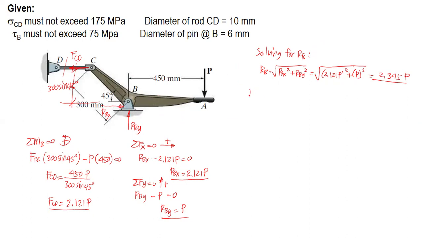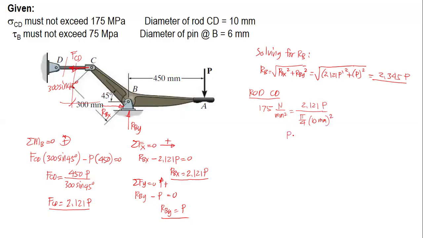So for rod CD, we have 175 megapascal, as a unit of Newton per millimeter squared. And the force of CD is 2.121 P. And for the area, it is circular with diameter equal to 10, so it's pi over 4 times 10 millimeters squared.